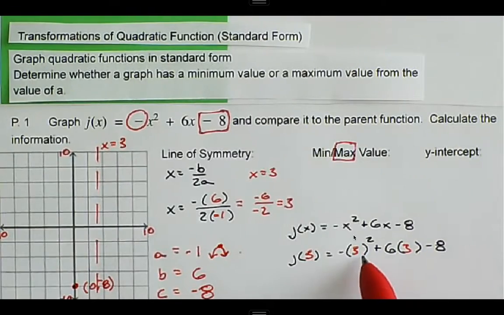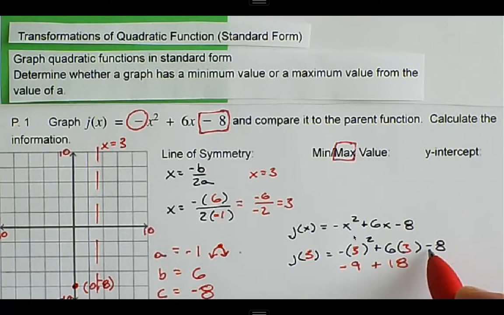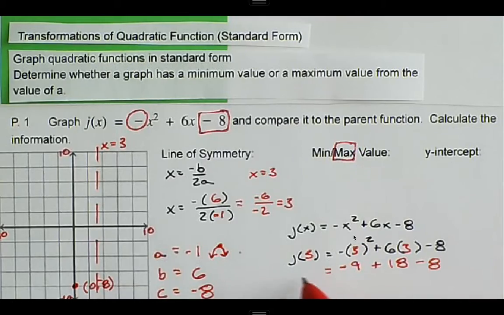So 3 squared is 9, but I have that negative there, so that has to be -9. 6 times 3 is 18, so that's plus 18. And that's just -8. So the function j evaluated at 3: 18 minus 9 is 9, minus 8, so it's just 1. So I know that I have the ordered pair (3, 1). That is my vertex.